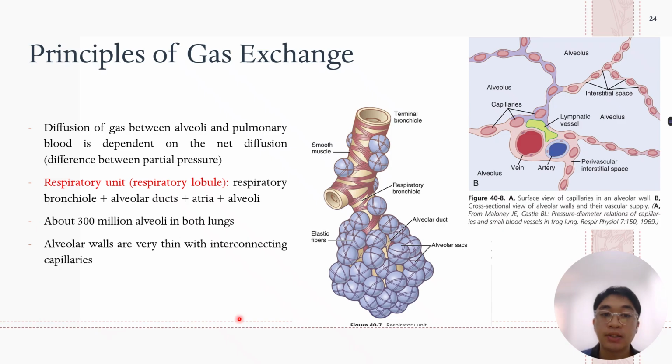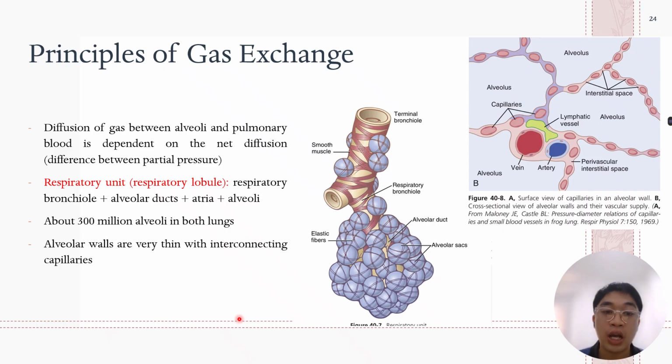The diffusion of the gas between the alveoli and the pulmonary blood is dependent on the net diffusion. The net diffusion is the difference between the partial pressures. Remember that gas usually diffuses from a high concentration area to a low concentration area, and that difference is what we call the net diffusion.